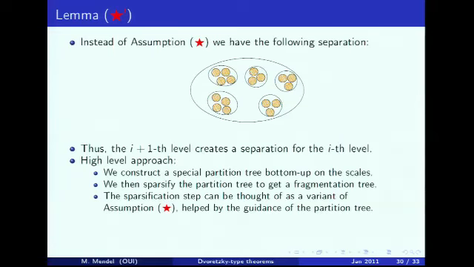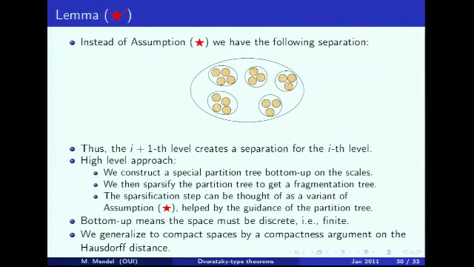I won't get into details, but I just say that bottom-up is a little bit problematic because you need a bottom. Bottom here means minimal scales, which means the space has to be discrete, which means a compact discrete space is finite. So it turns out this is not really a problem, because the whole proof works on finite spaces, and there is a relatively standard compactness argument here.